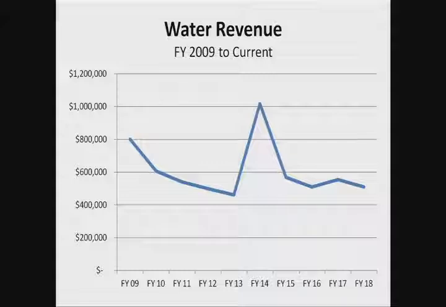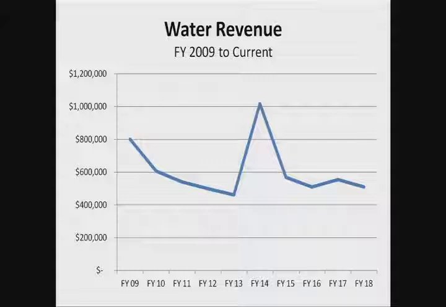As you can see, the revenues there have been static since fiscal year 15, and our budget is lower than the prior year. A lot of the other categories are very similar, but overall consumption is down for the town overall.